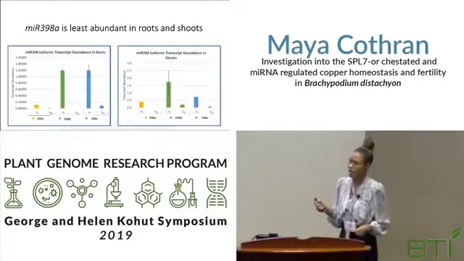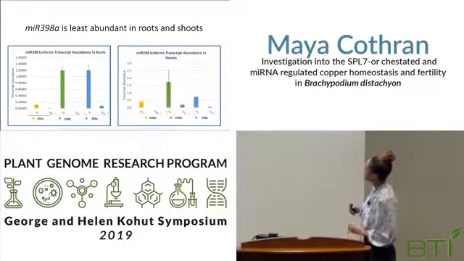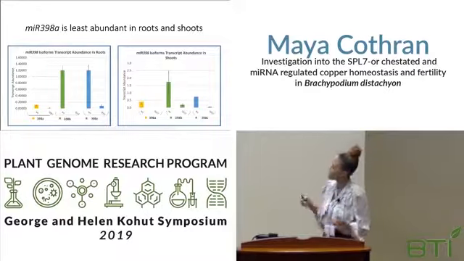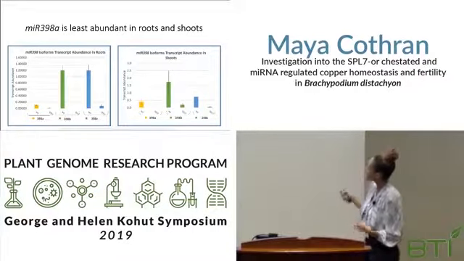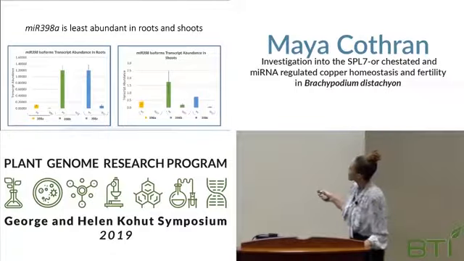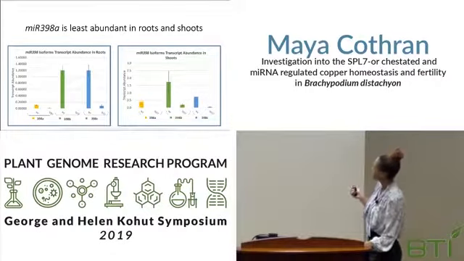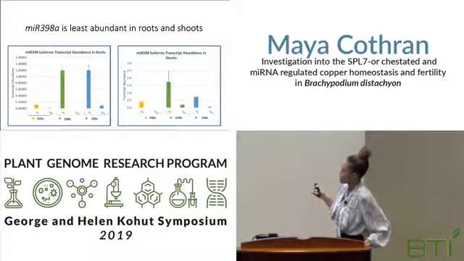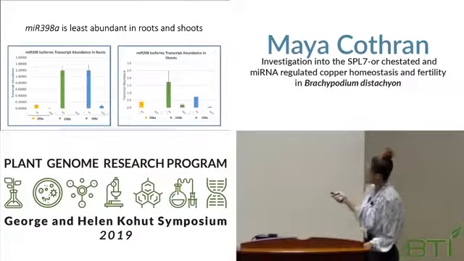So microRNA 398 has 3 isoforms, A, B, and C. And we see that when comparing transcript abundance in wild type and SPL7 mutants, the microRNA is completely SPL7 dependent, and microRNA 398 is the least abundant in both roots and in both shoots.